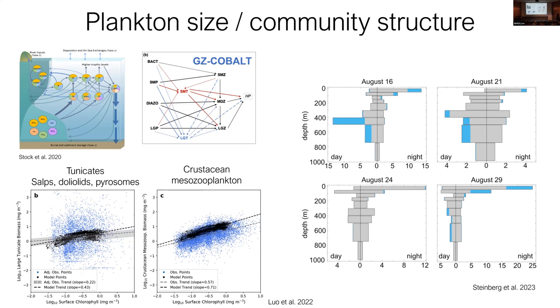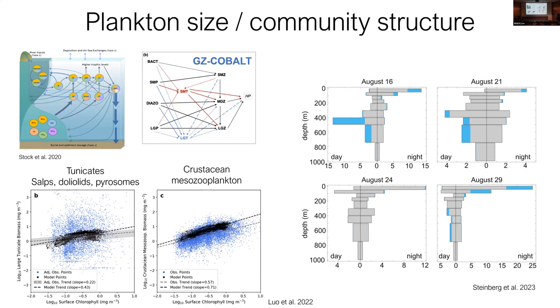These simulations are not a climate simulation, so we haven't fully run that out yet, but we think that based on this relationship, the large tunicates will dominate over the appendicularians in a future ocean. This is a statistical relationship from the observations and one that we reproduced in our model.